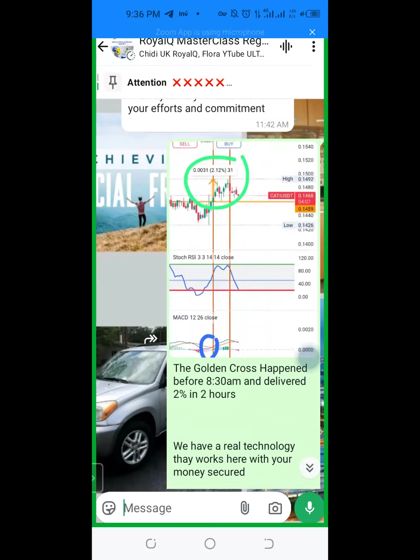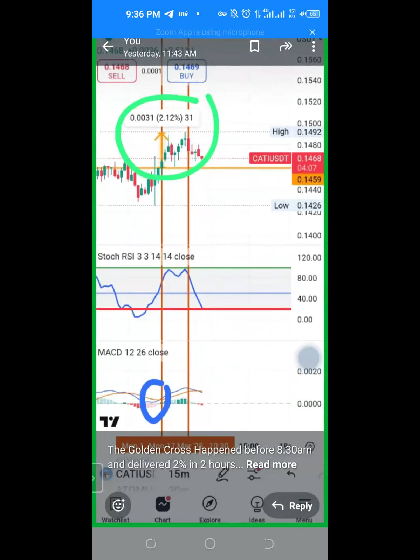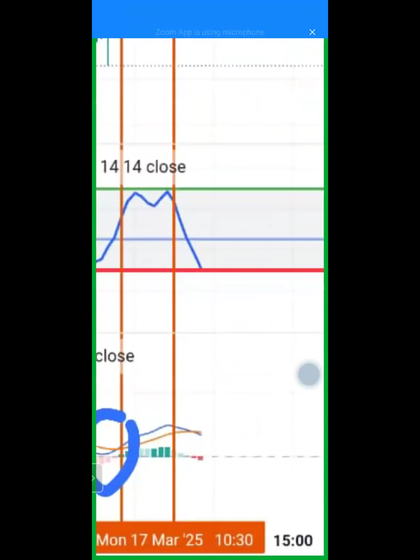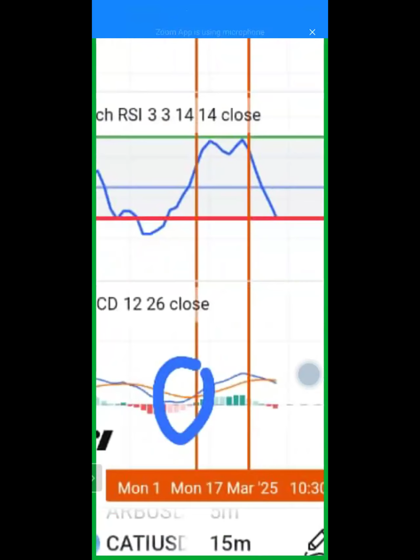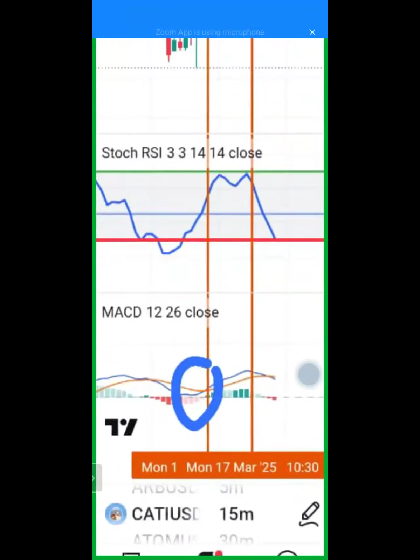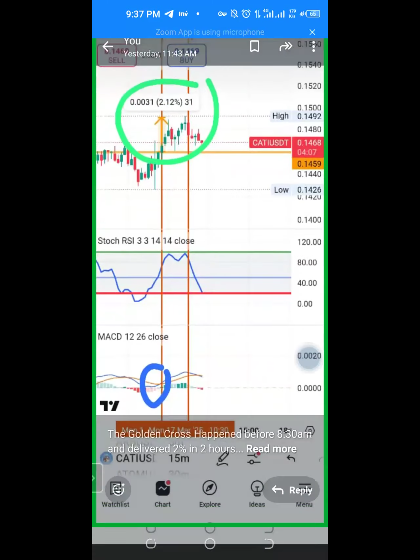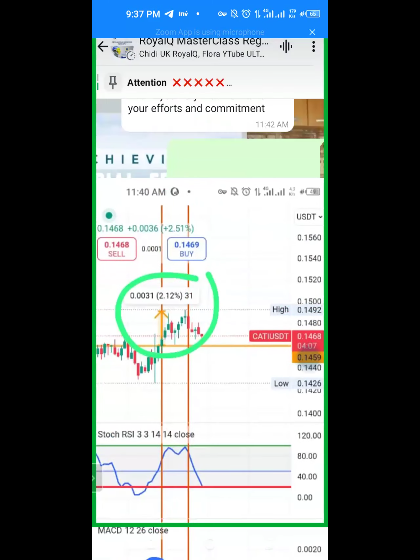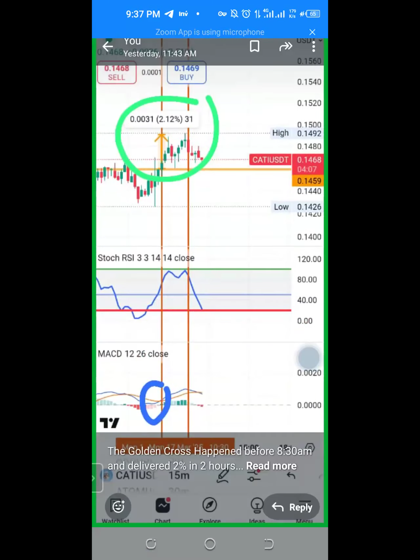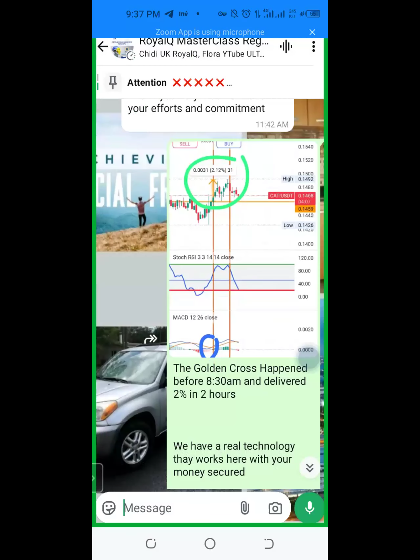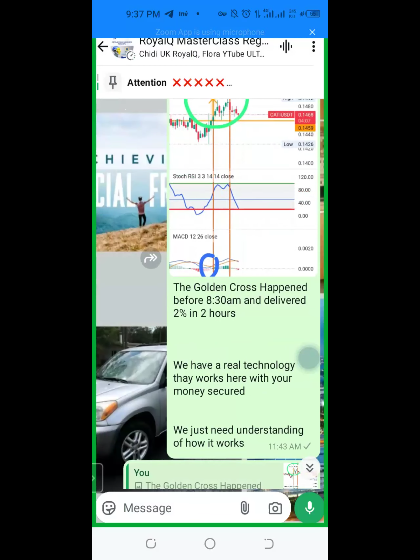On TradingView, see the blue line across that I circled. The crossover happened over the zero line and it moved up. If you go up, you will see that the coin moved 2%, and the bot stopped the trade because I put it on one shot.